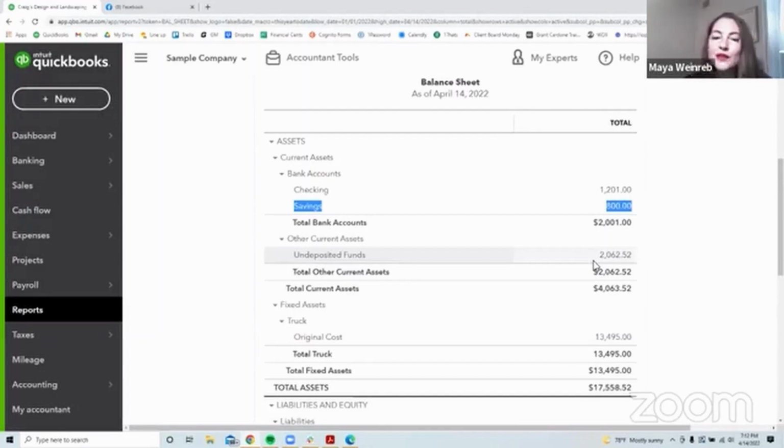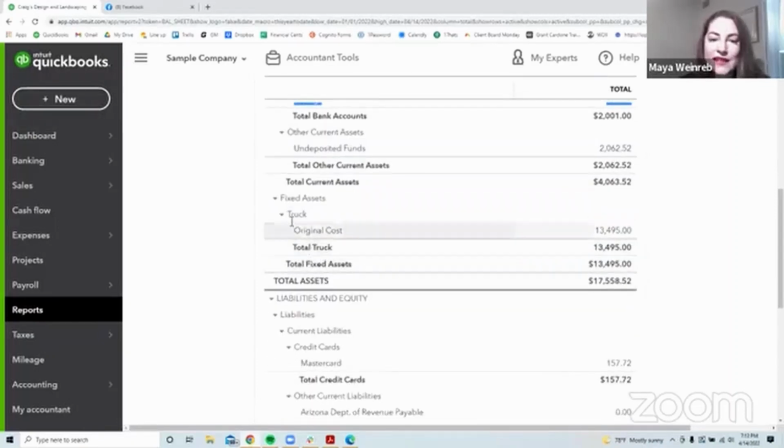So those are undeposited funds. But it shows the balance, and undeposited funds are an asset because it's money that you're going to get. Now, what is an asset? An asset is something that you own, something that has value or potential value. So obviously money in a bank account is an asset. Money that's on the way to you is an asset.